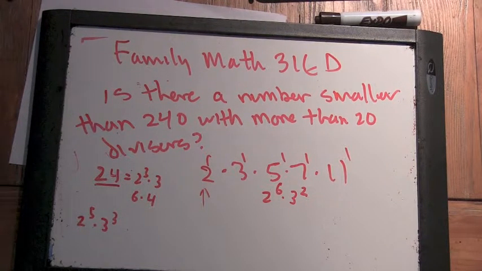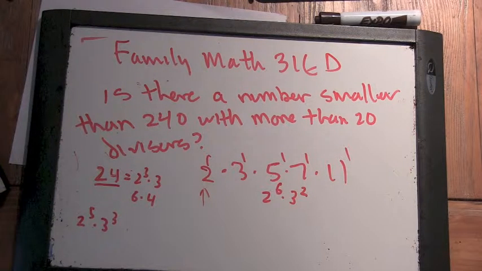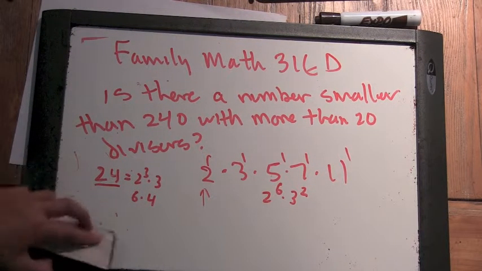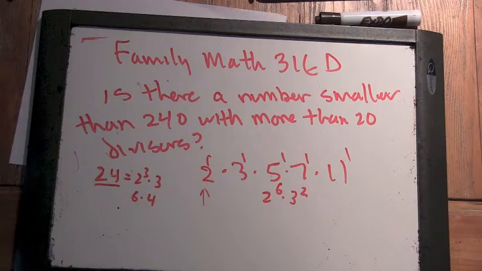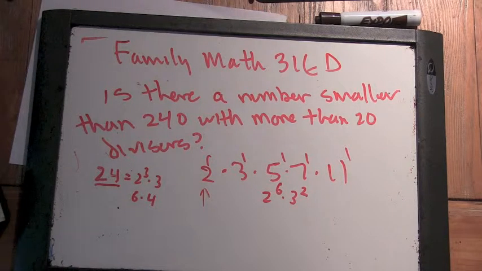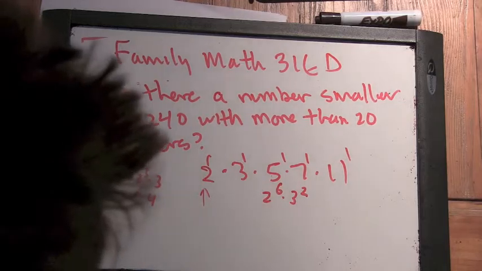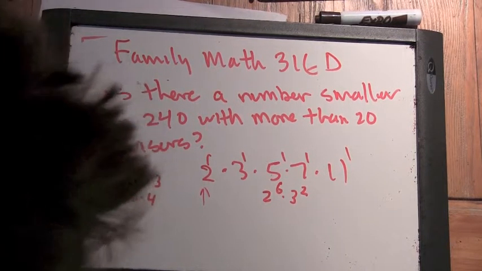We could say it's 12 and 2. Or try to break it into 3 numbers: 4, 2, and 3.